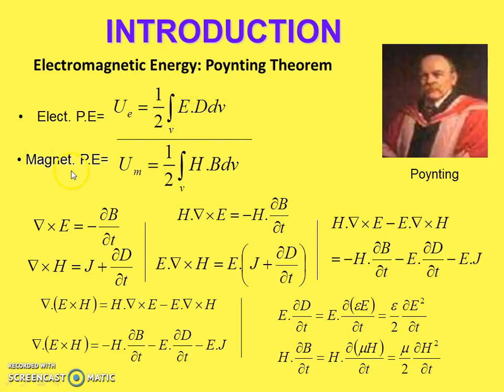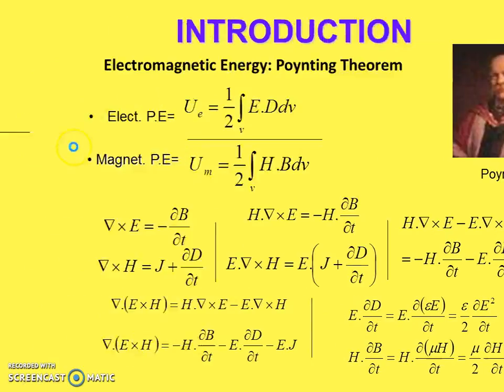Similarly, the magnetic potential energy is given by Um, defined by half of the integral over the volume of H dot B dV. E is the electric field, D is the displacement vector, H is the magnetic field intensity, and B is the magnetic flux density. The total energy in the electromagnetic wave is defined by adding these two energies.